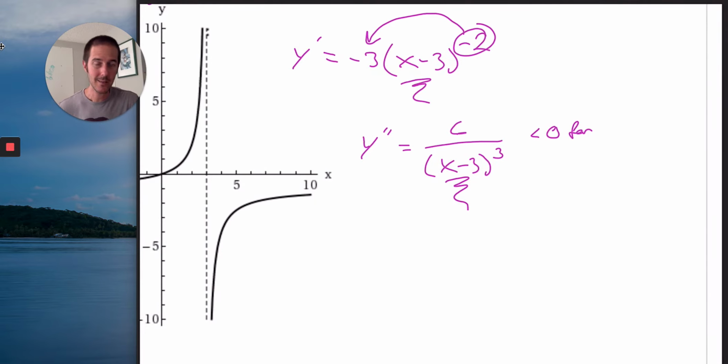for x values less than 3. And it's greater than 0 for x values greater than 3. If your second derivative is less than 0, it's going to be concave down.